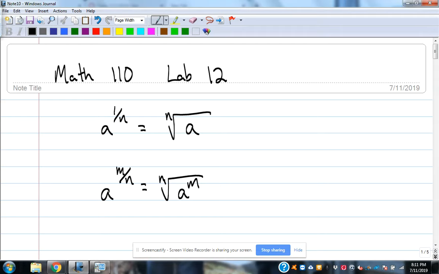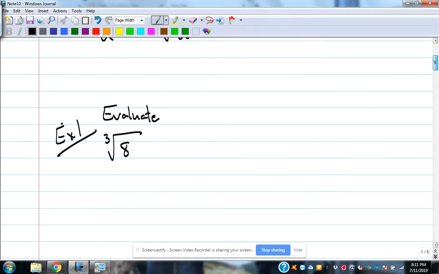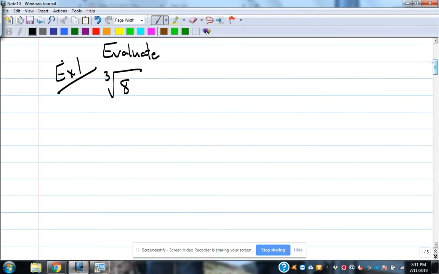So let's look at a few problems and see how we can utilize that to help us solve them. Here we are asked to evaluate the cube root of 8. We can think about 8 in terms of a power of 3. 8 is 4 times 2, and 2 and 2.